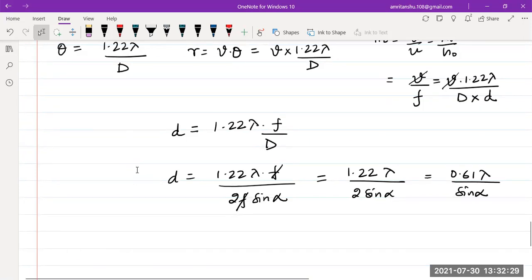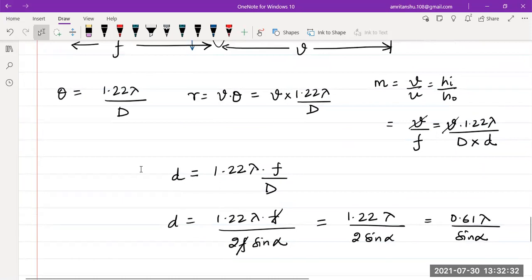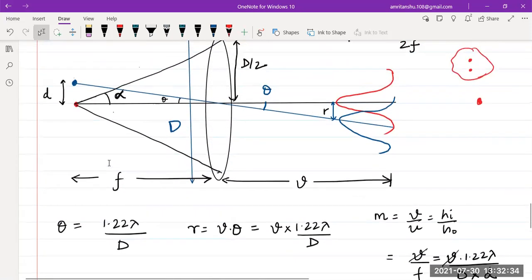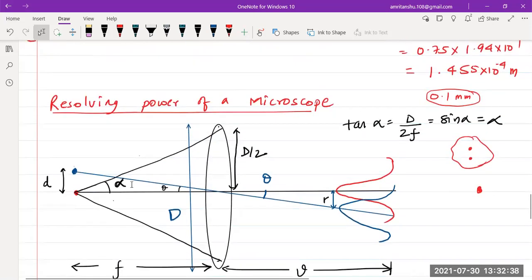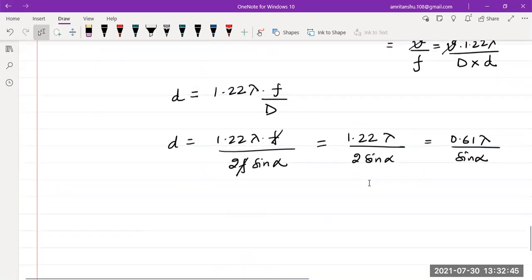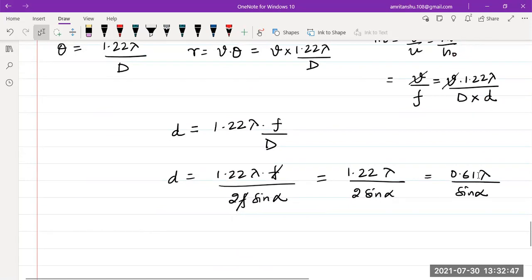Now if I want to further increase this resolving power, what I can do is immerse this setup into some medium of refractive index mu. What will happen with that? This lambda will reduce. How can I reduce this lambda?